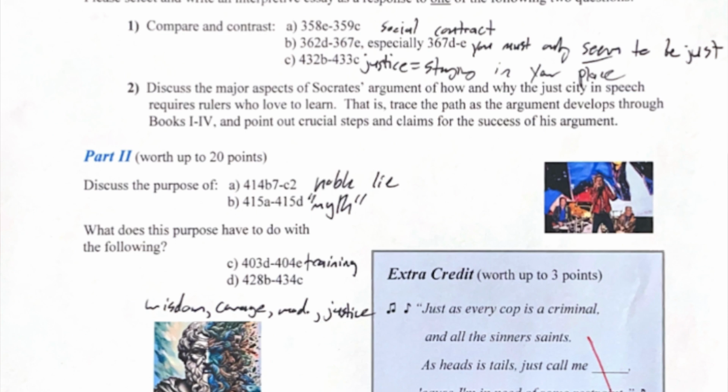And then discovering these three virtues of wisdom, courage, and moderation, and figuring out, okay, if I can isolate all these, then Socrates says whatever is left over, that's justice.